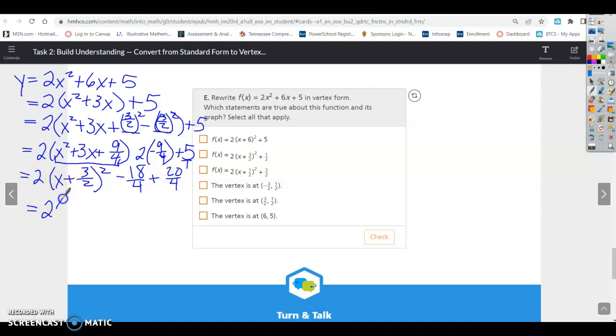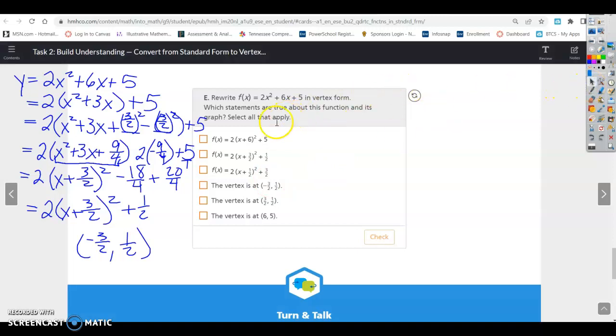So I'm going to have 2 times x plus 3/2 squared minus 18 plus 20 is 2 over 4, and 2 over 4 reduces to 1/2. All right, so we can see that the vertex is going to be opposite h and k.